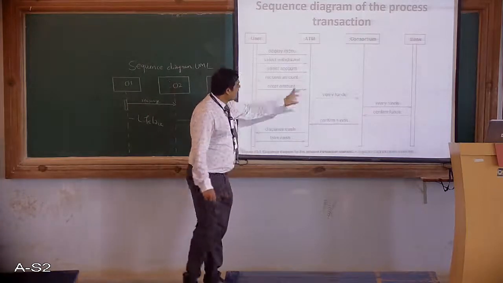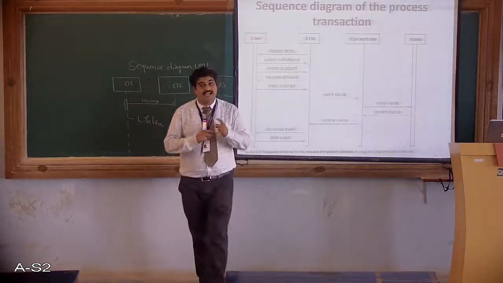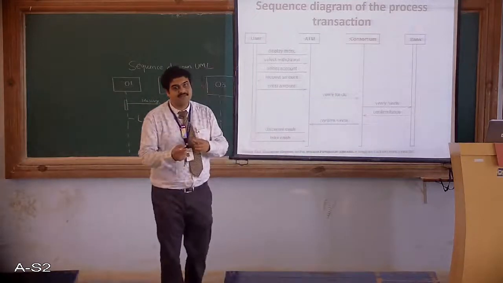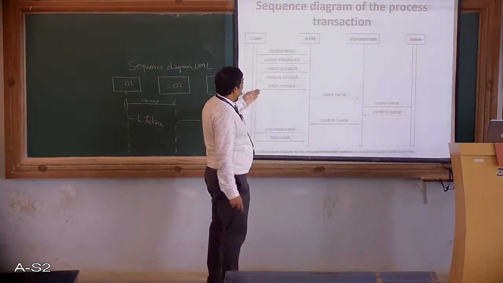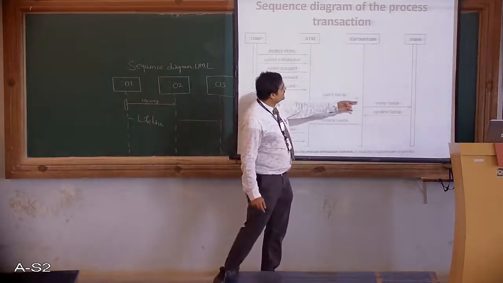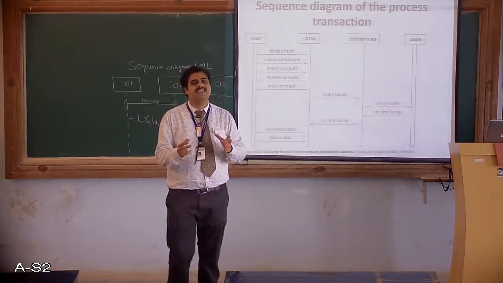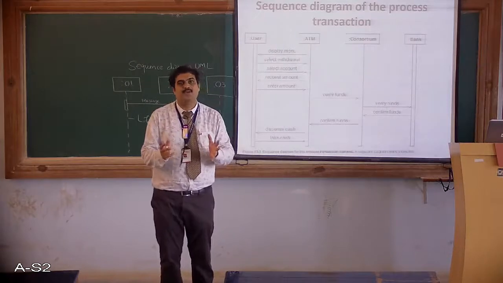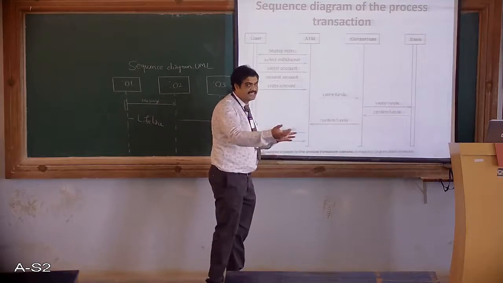Then after entering the amount, somewhere it has to verify whether the balance is available or not. So it is going to send a message to verify the funds. Then the consortium, or I can say here it is a kind of server, is going to send an authentication message to the banking server.